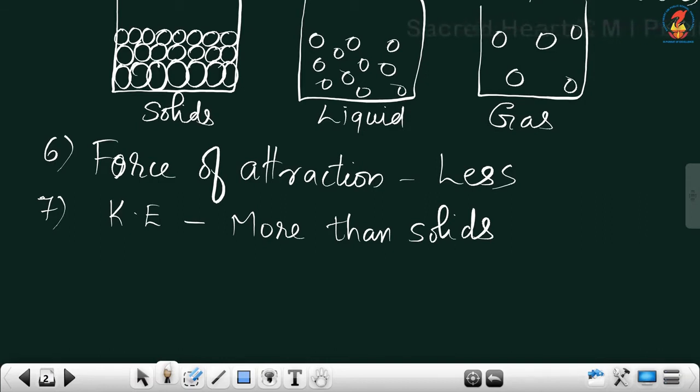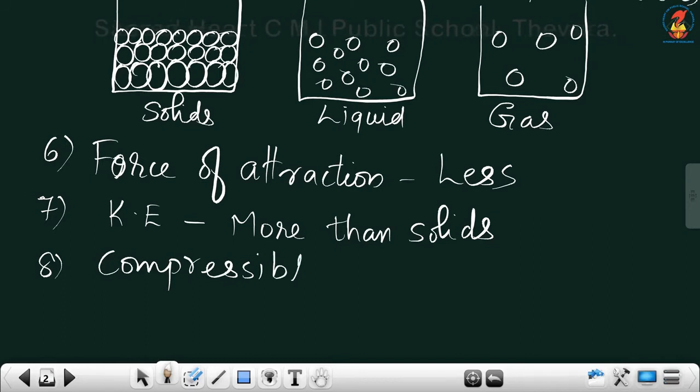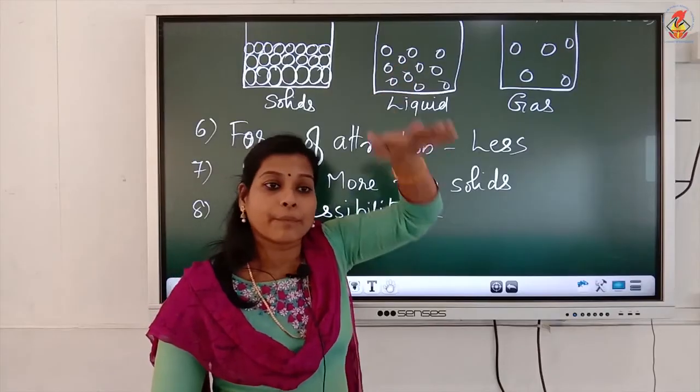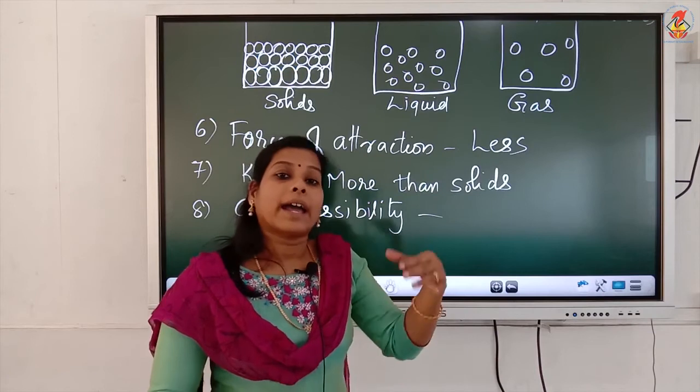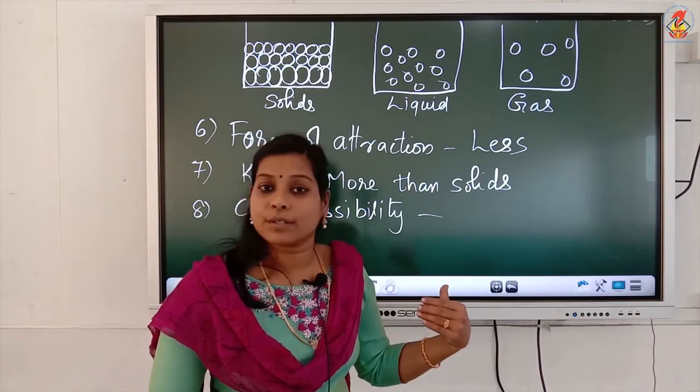Compressibility. When we consider compressibility, they are more compressible than solids. As the space is there, when we compress it, the particles will come closer and closer, and liquids will be converted into the solid state.